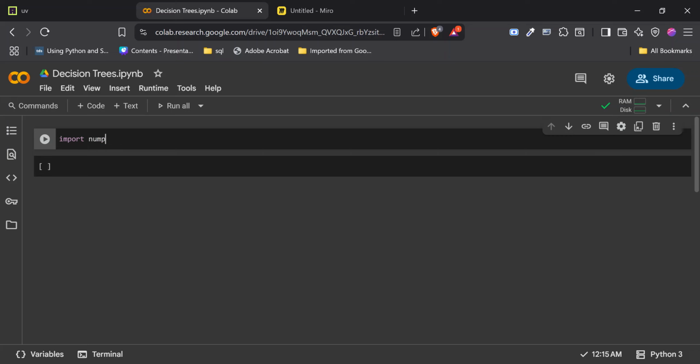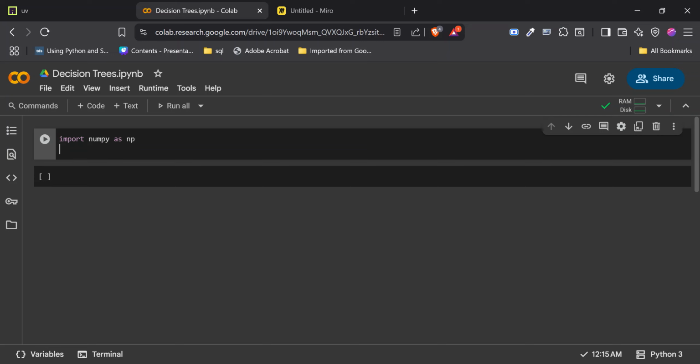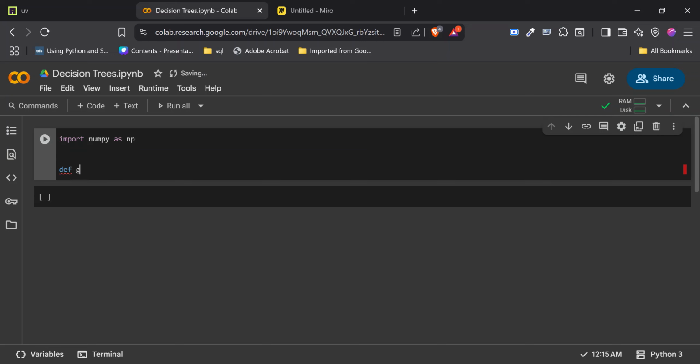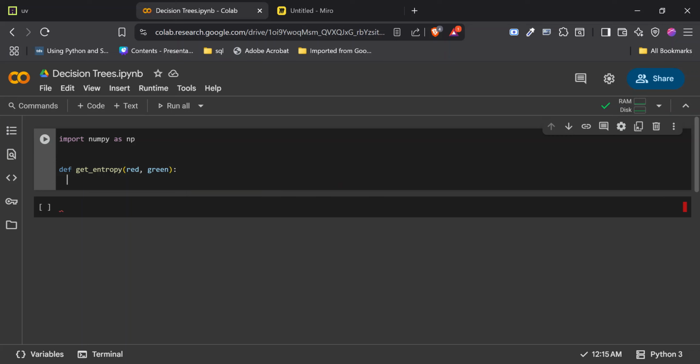I can say import numpy as np. So we're going to define a function called get_entropy. You can do this by hand if you want, but you already know Python. The way get_entropy is going to work is it's going to take number of red and number of green, and they're both going to be integers.